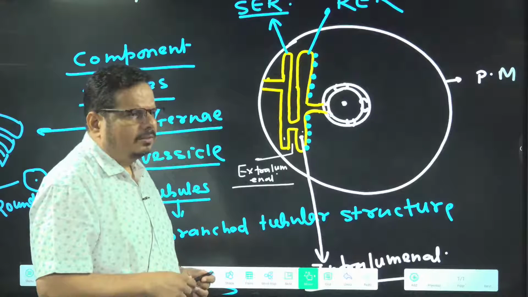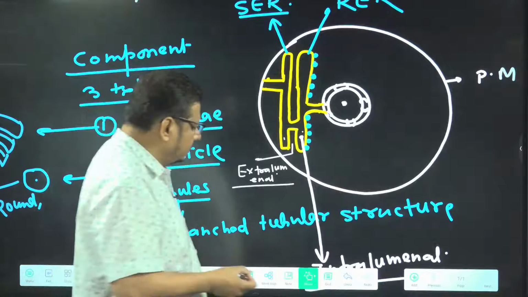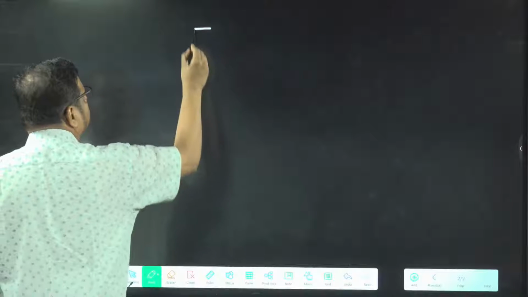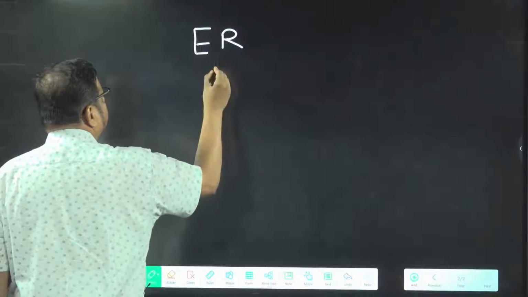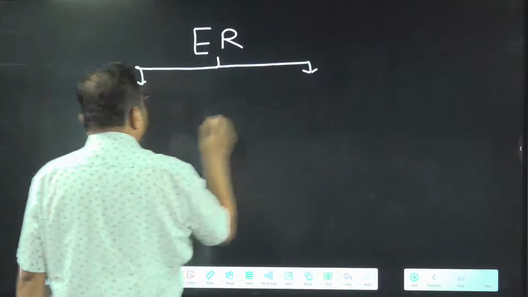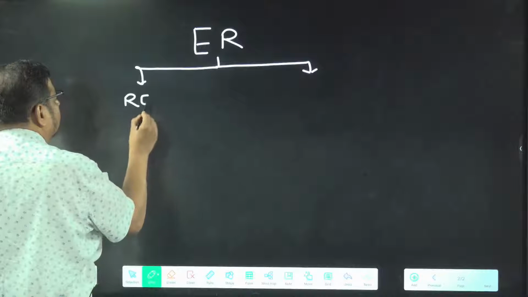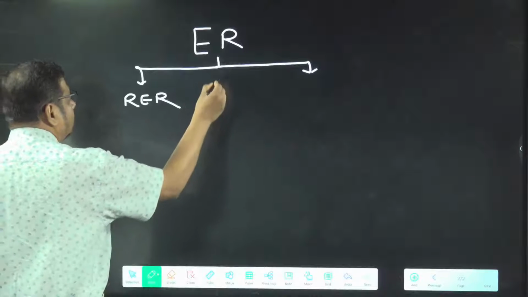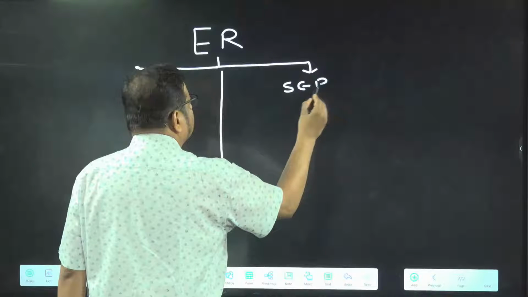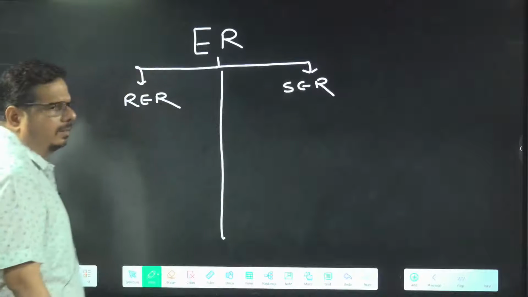Okay? So as I told, there are two types of endoplasmic reticulum. Have a look here. If we talk about ER, endoplasmic reticulum, it is of two types. One is RER, rough endoplasmic reticulum, and another is SER, smooth endoplasmic reticulum.